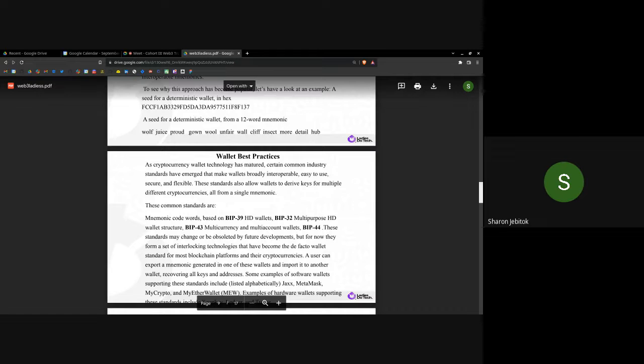When we were talking yesterday about deterministic wallets, the HD wallet is not the only type of deterministic wallet, but it is a main example of one. That's why it was mentioned.